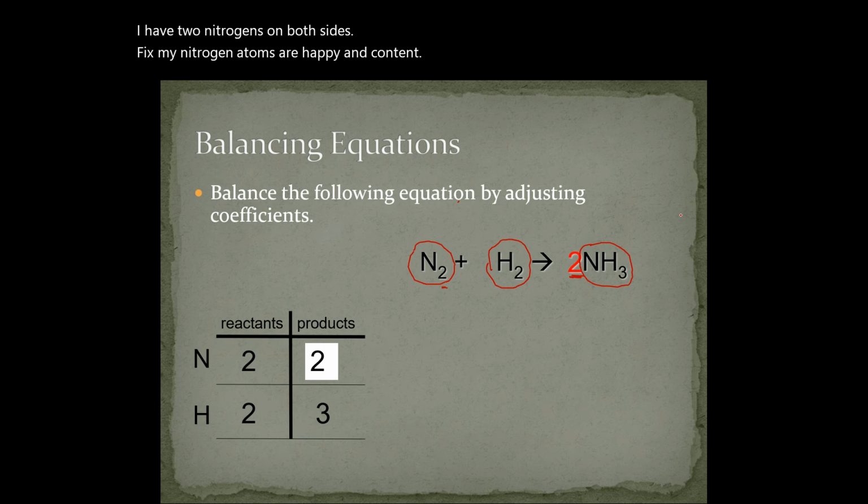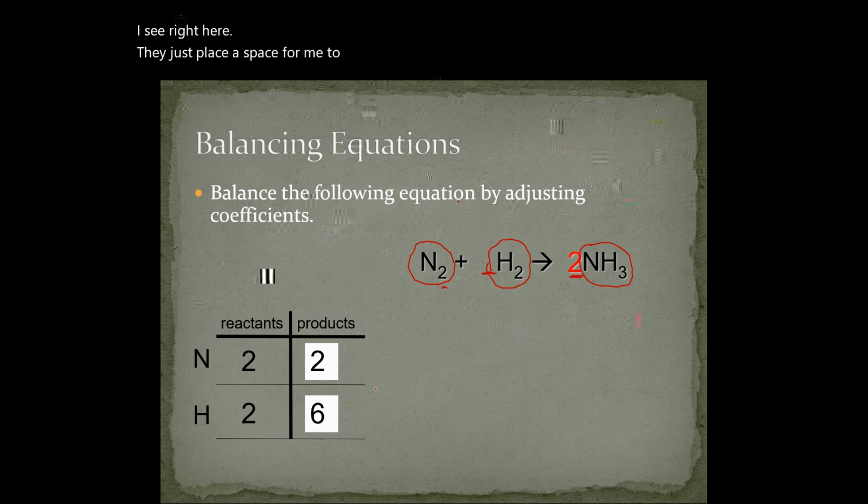But in doing so, I now doubled the number of hydrogens from 2 to 6. So I made the hydrogens worse. But nitrogens are good. I see right here that there's a space for me to put a coefficient out there.